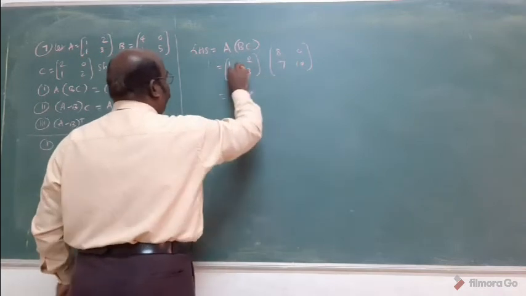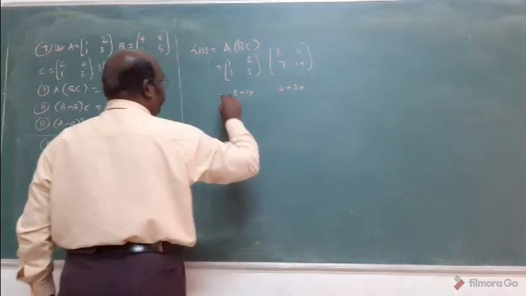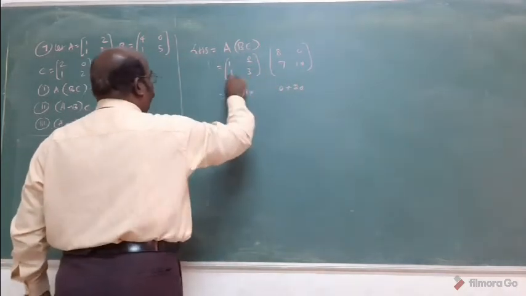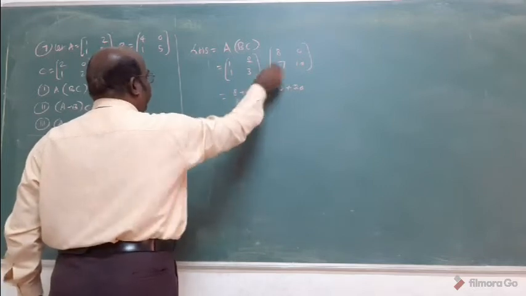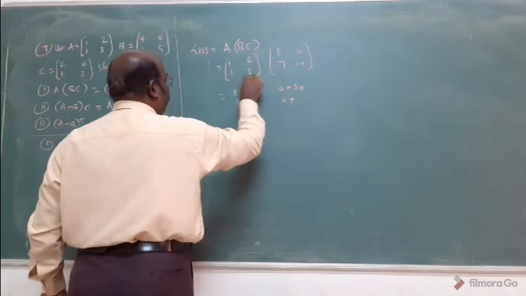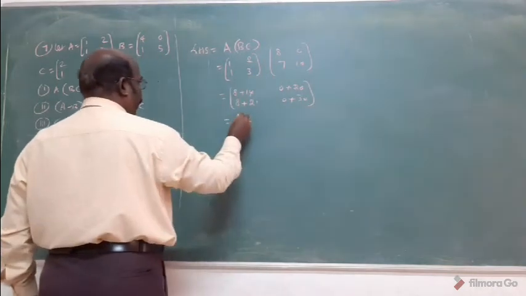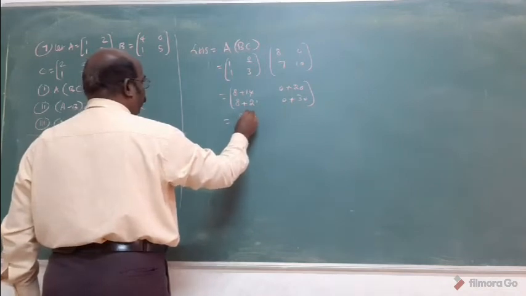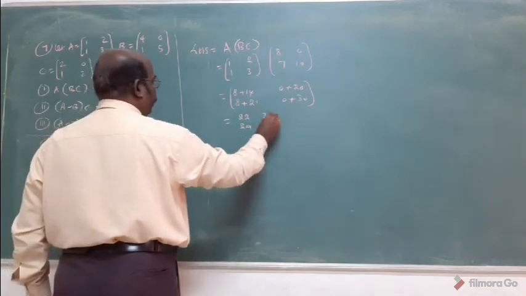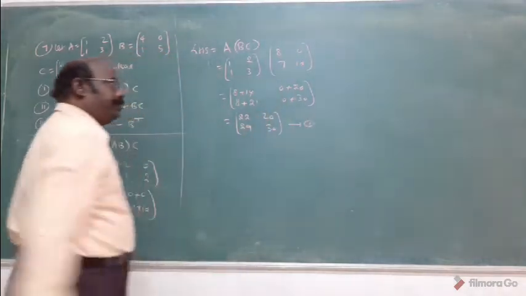First row, second column: 1 zero is 0, 2 tens are 20. Next second row, first column: 1 eight is 8, 3 sevens are 21. 1 zero is 0, second column: 3 tens are 30. Again 22, 29, 20, 30. This is the first answer.